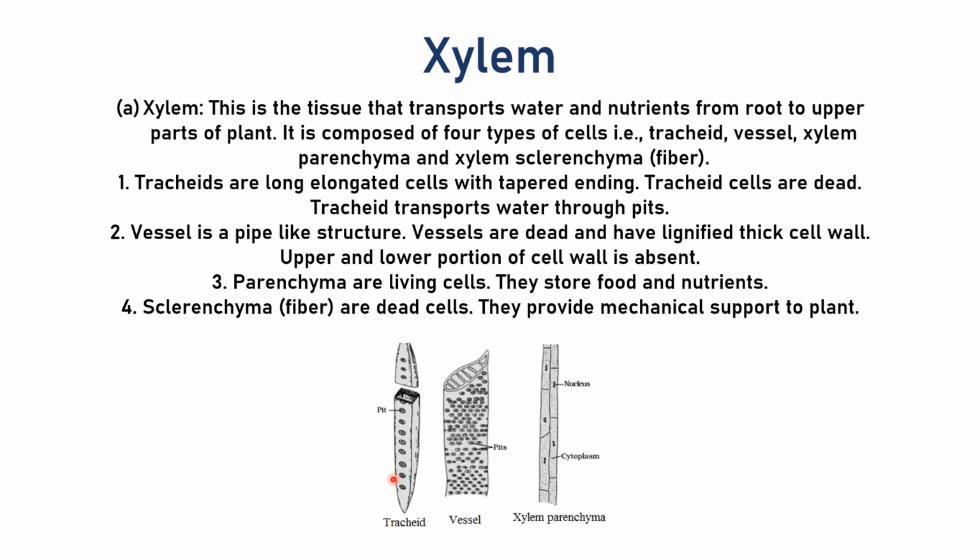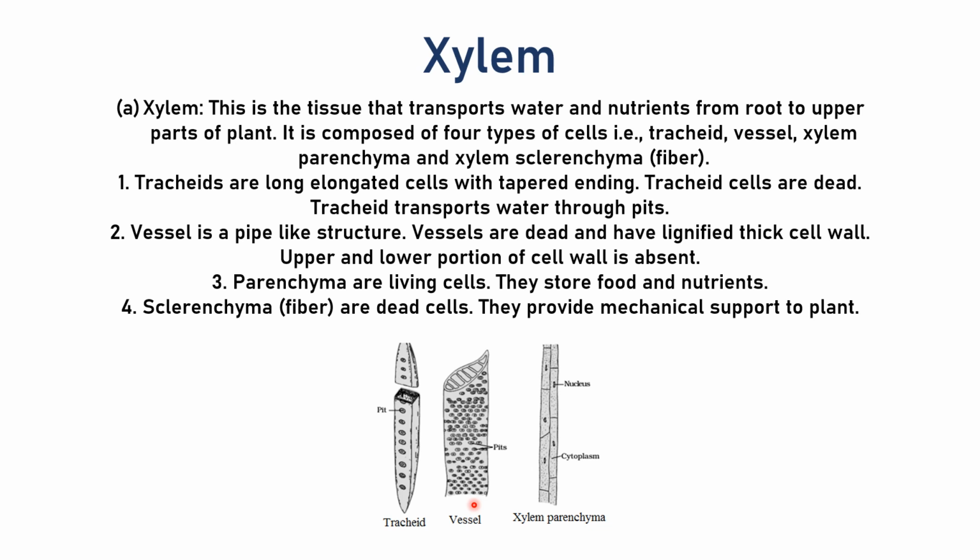Now coming to vessels, it is a long pipe-like structure, again made up of dead cells, right? You can see there is a perforation over here, but these vessels are arranged one over the other and they form a long tube-like structure. They are definitely responsible for the transfer of water and minerals, but basically in angiosperms or in tall trees.